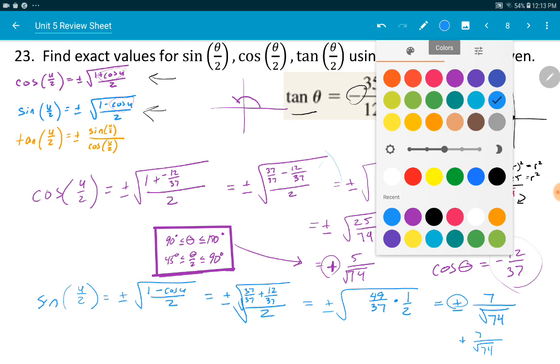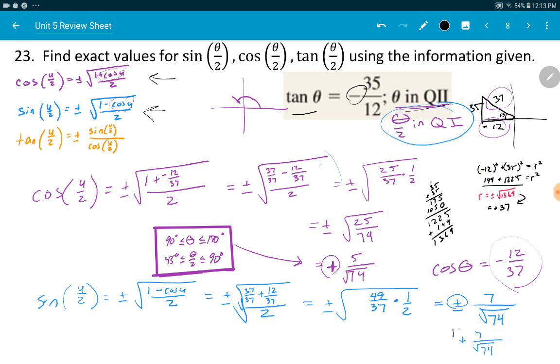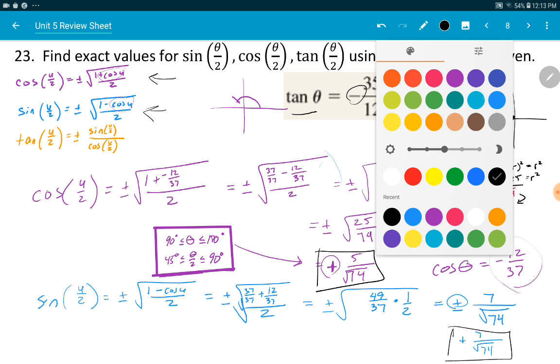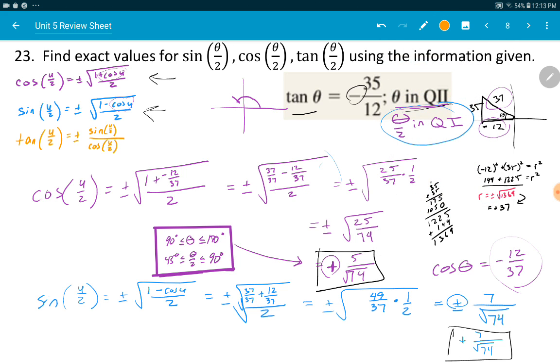So I've got two final answers so far. I'm just going to box them so I don't lose where I was. There's cosine and sine, and then I need to find tangent. I'm going to use the fact that tangent is sine over cosine. Both sine and cosine are positive, and tangent's going to be positive also, because again, we are in quadrant 1 for the half angle.